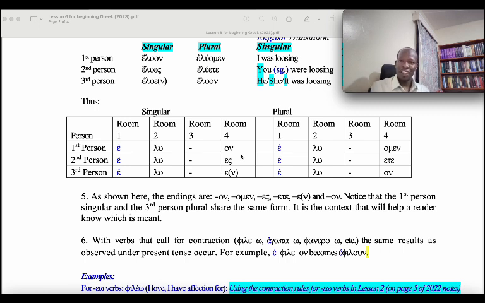focused on the endings and also the sign of tense. The augment is also there, but it should not misguide you, for you to quickly say, oh, there is an augment, so it is an aorist. You need to analyze, or parse.